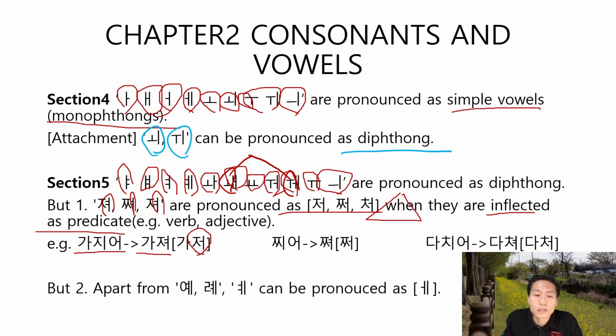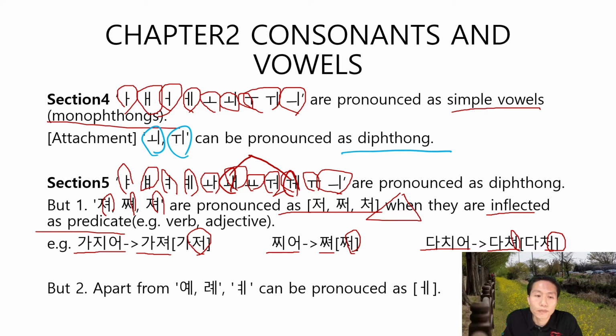Okay? Another example is 찌어. When it's shortened, it becomes like this, but you pronounce it as monophthong. And 다치요, when it's shortened, it becomes like this, but still it's pronounced as monophthong, 다쳐.